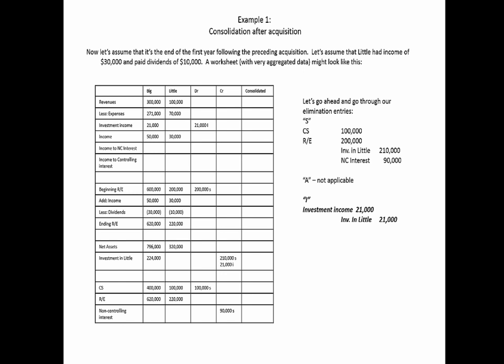So we debit investment income for $21,000. Again, positive investment income would be a credit balance, so to eliminate it, we debit investment income, and we credit the investment in Little. And again, in posting these two entries to the worksheet, please note that I've put little S's and I's as appropriate next to each number.